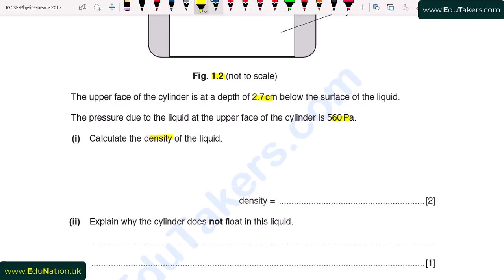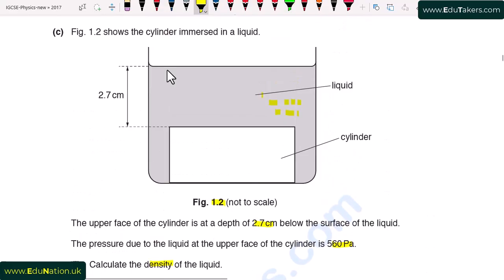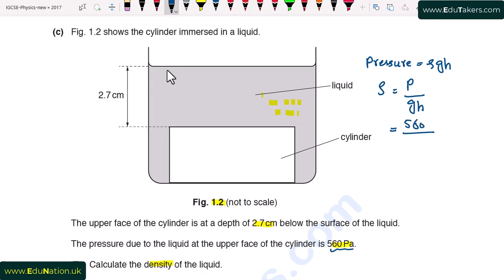So here we have to find out the density. First of all, I write here pressure is equal to rho g h, where rho is density, g is gravitational field strength and h is depth. Here we have to find out the value of density. It will be equal to pressure over g and h. So pressure is given, that is 560 Pascal, divided by the value of g, 10, multiplied by height or depth.